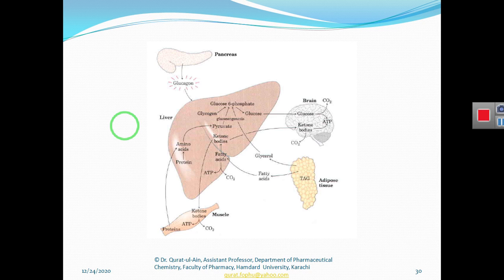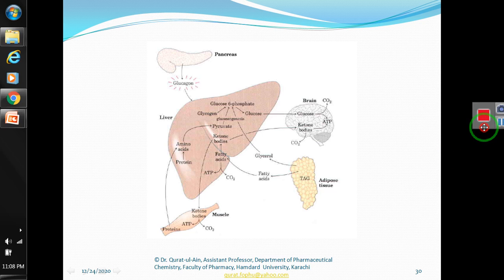These are water soluble and fat soluble vitamins, especially vitamin B12, which is a water soluble vitamin, and the coenzymes include FAD and NAD.